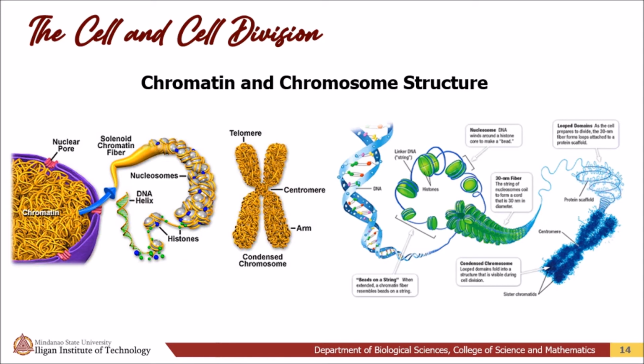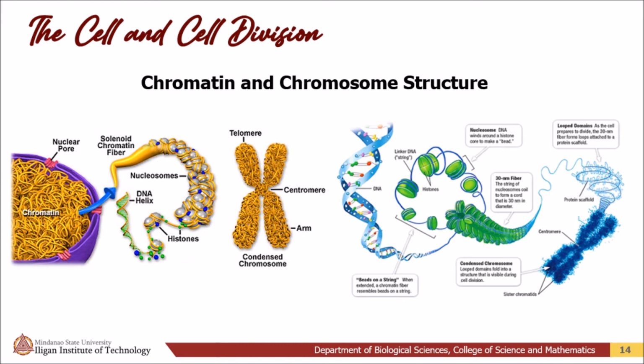A nucleosome consists of 147 base pairs of DNA that is wrapped around a set of 8 histones called an octamer. Linker DNA can be seen extending from one nucleosome to the next. The nucleosome can be further folded to produce the solenoid chromatin fiber.